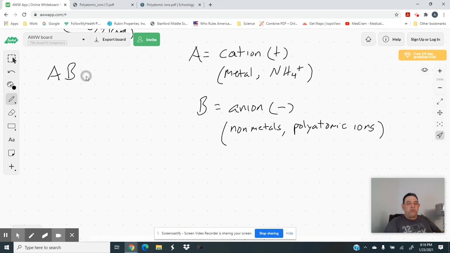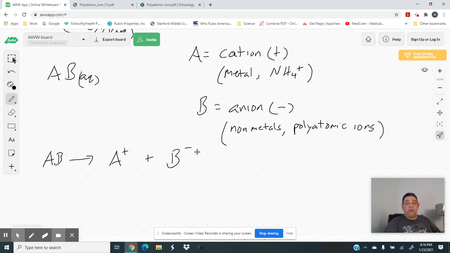When you see that a substance AB is aqueous, what that means is when you put it in water, it's going to break up into cation A with some positive charge. It could be plus one, plus two, or plus three. We know that cations could be plus one, plus two, or plus three, and anions, which have a negative charge, negative one, negative two, or negative three.